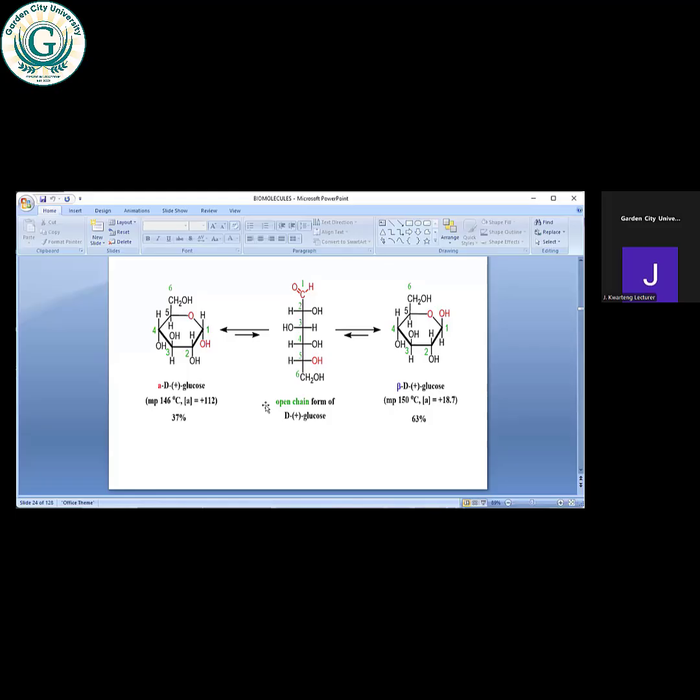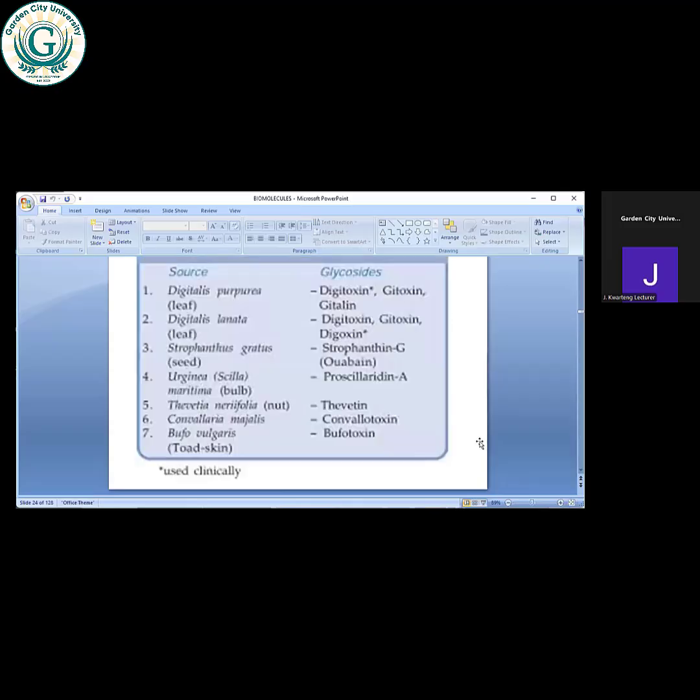So that's about how carbohydrates are classified. You can classify them in terms of the number of carbon atoms. Number two, in terms of the functional group present, either as ketose or as aldose. And then they can also be classified in terms of the number of simple sugar units present in them.